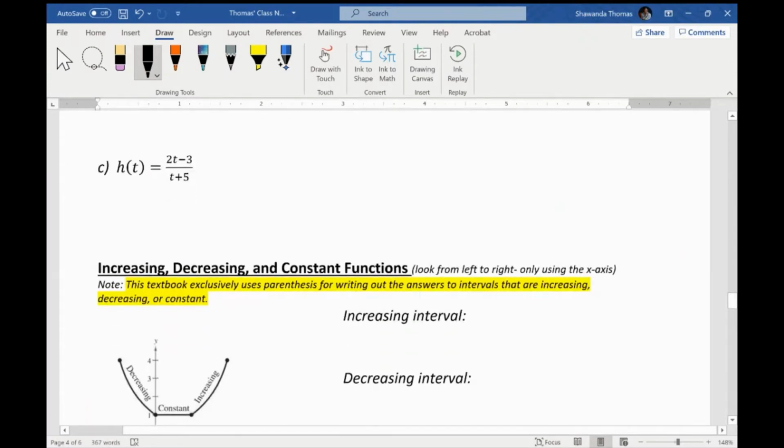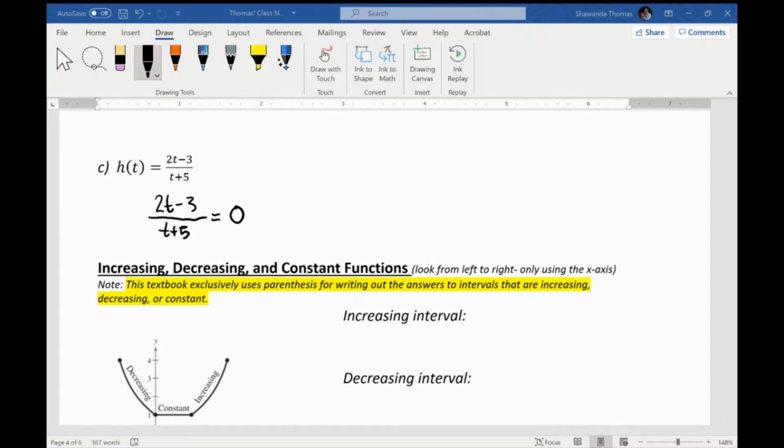Set your problem equals 0 first. Yes, so tell me exactly what I need to write, Zoe. You need to write 2t minus 3 over t plus 5 equals 0. Yes, and then try to figure out how to solve for t. We got a rational function right here.